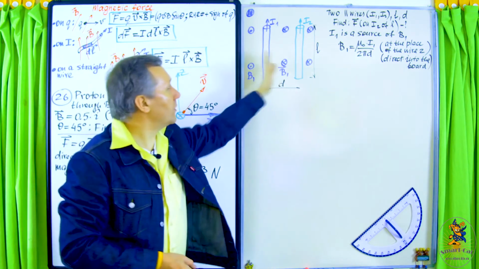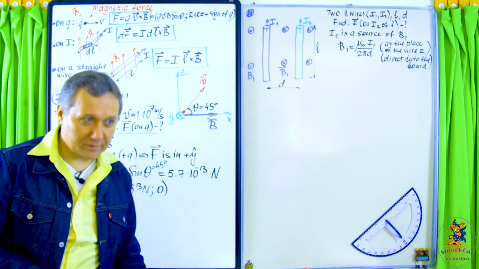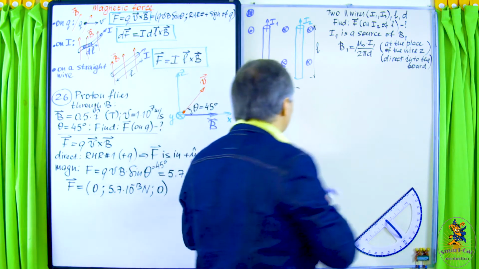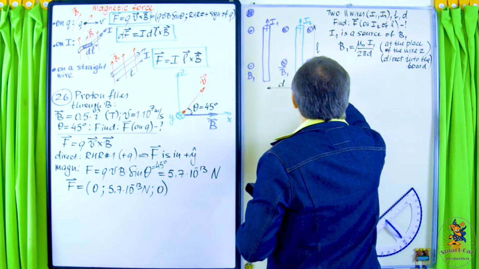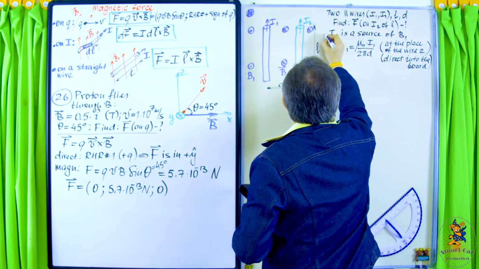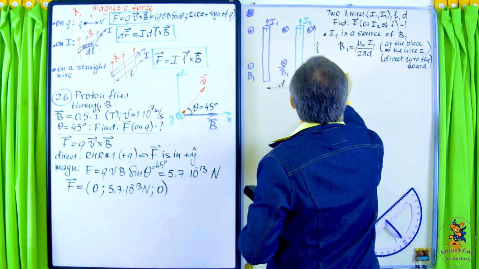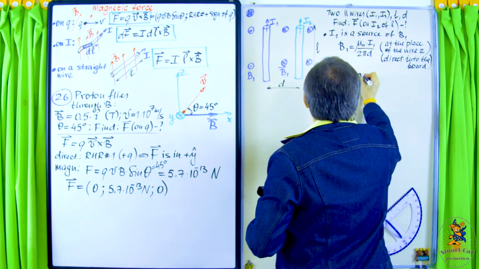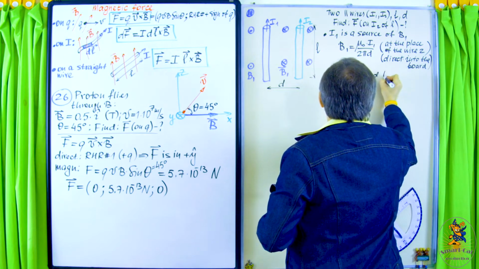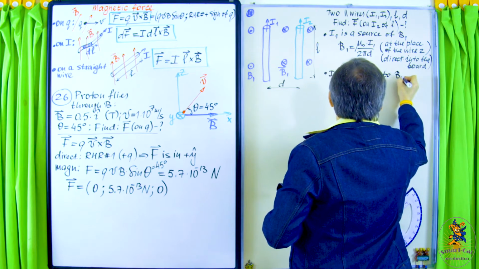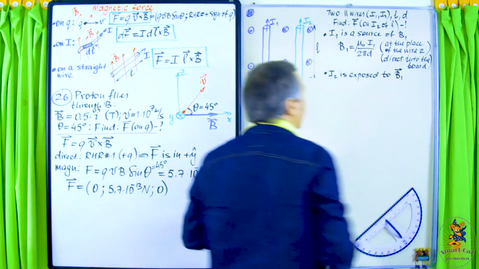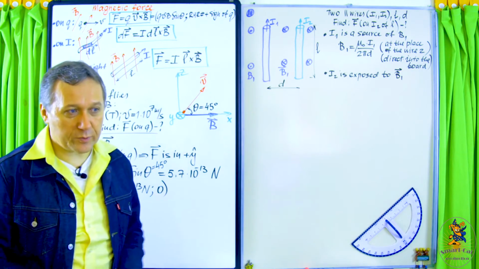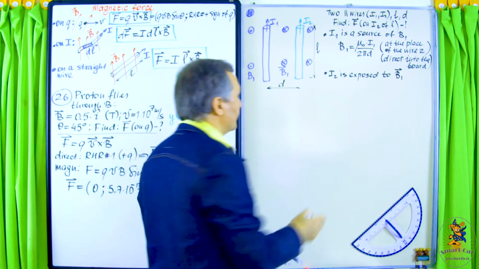So that's the first step. And the second: now I2 is exposed to B1 and of course experiences force.